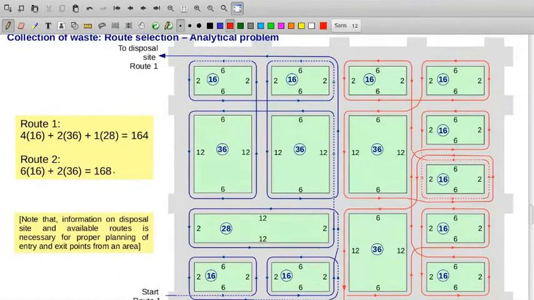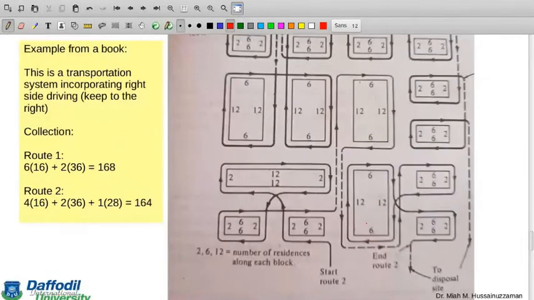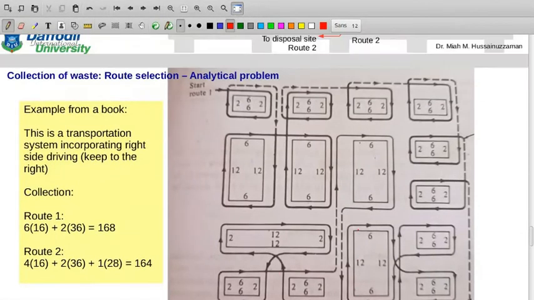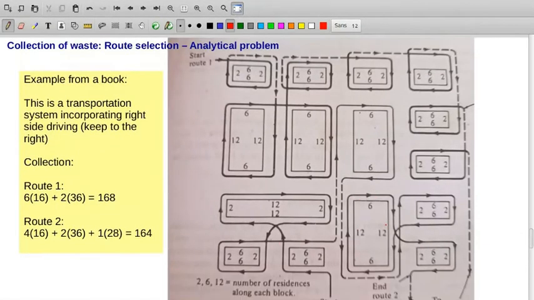That means this is 2 more, 2 less. And if you divide like the one provided in the book, this is also 168, 164. Route 1, you can see what they have done. Their collection is this one, this one, this one, this one, this one. This is the first route.